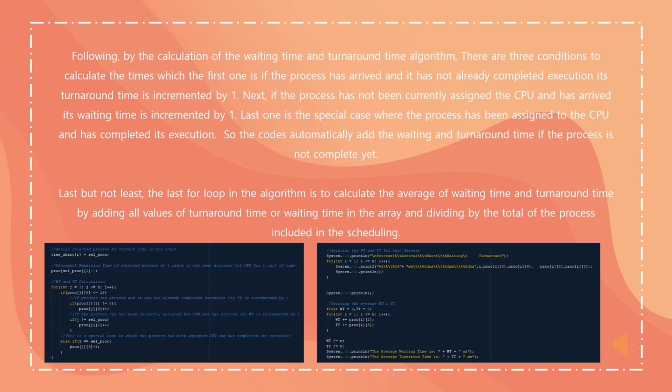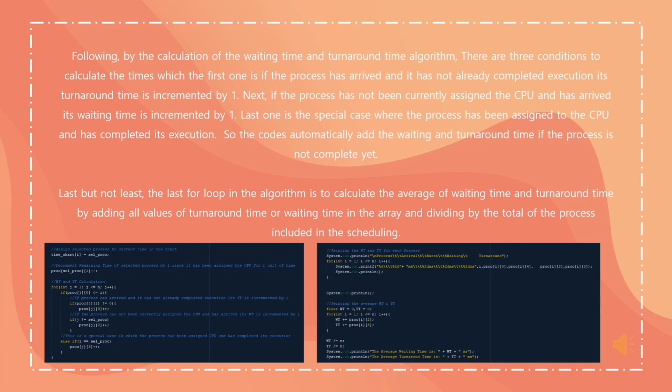Next, if the process has not been currently assigned to the CPU and has arrived, its waiting time is incremented by 1. The last one is the special case where the process has been assigned to the CPU and has completed its execution.